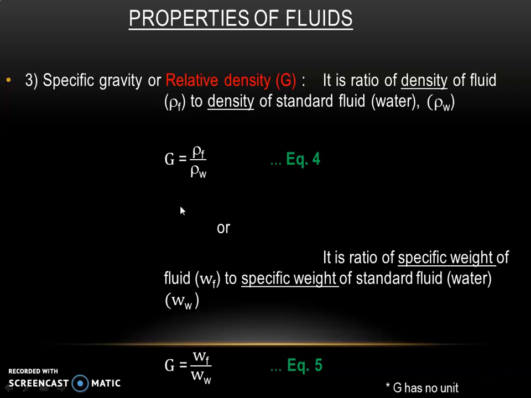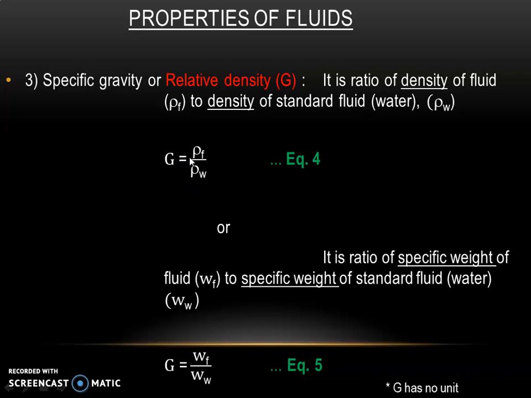And G can also be written in terms of specific weight. That is, it is defined as the ratio of specific weight of fluid, W of F, to specific weight of standard fluid, that is water, and is denoted by W of W. Hence, G can be written as W of F divided by W of W. So, there are two equations available to find G. One is in terms of density and the other is in terms of specific weight.